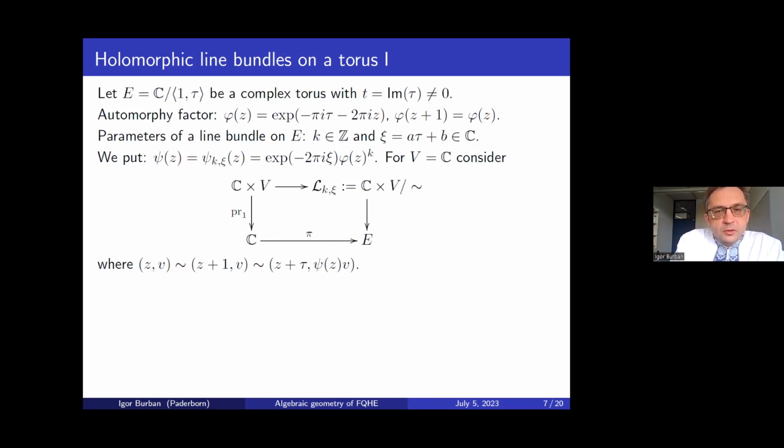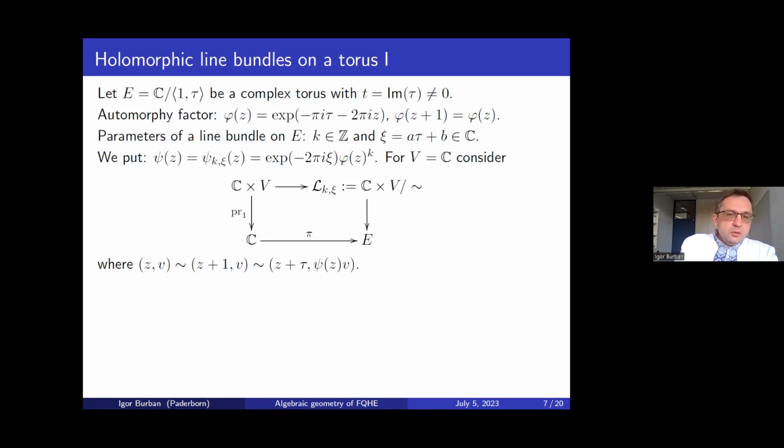For that, on the product C times V, I introduce an equivalence relation, which is provided by the rule below and given by the function psi, which is called the automorphy factor. The special shape of psi guarantees that this is indeed an equivalence relation.